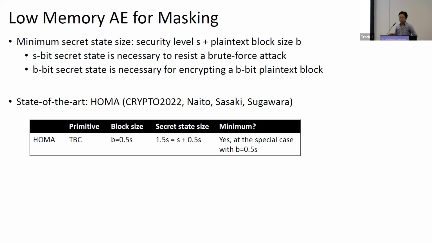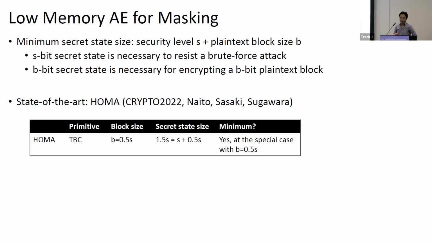The minimum secret state size is security level S bits plus plaintext block size B bits, because S bits of secret state are necessary to resist a brute force attack, and B bits of secret state are necessary for encrypting a B-bit plaintext block.